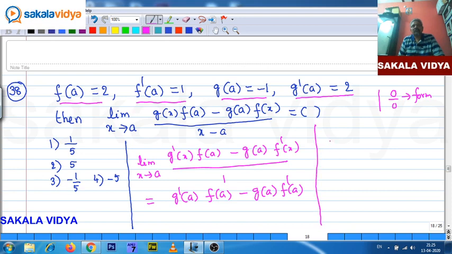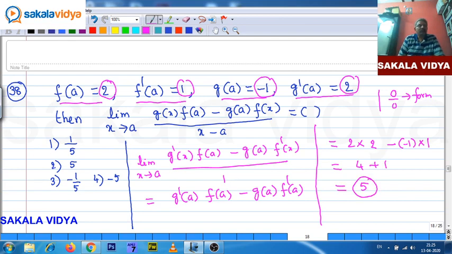So this equals to g dash a equal to 2 into f of a equals to 2 minus g of a equals to minus 1 into f dash a is equal to 1. So this is 4 minus into minus plus 1 into 1 plus 1 equals to 5. So this is the answer.